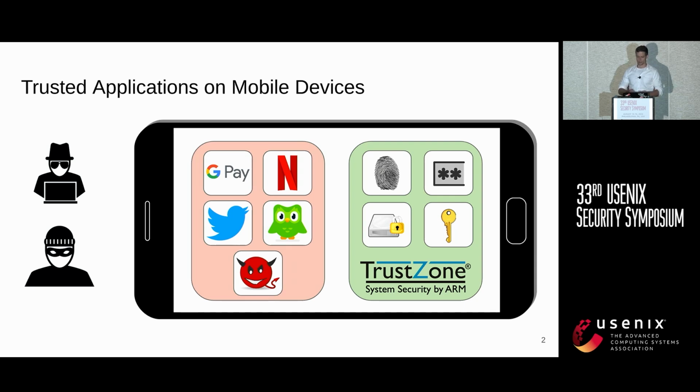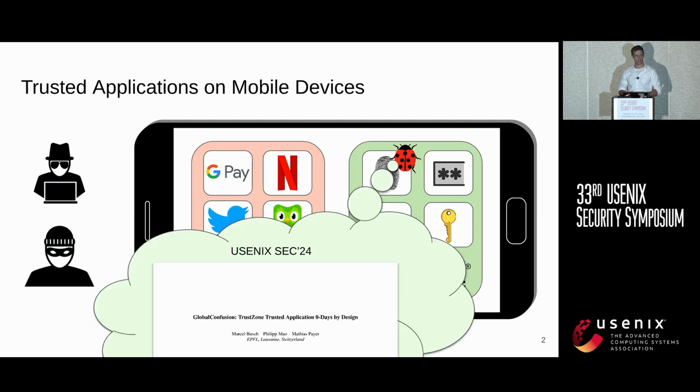In this talk, we want to see what happens if one of these trusted modules, also called trusted applications, has a security critical vulnerability. If you want to convince yourself that these critical vulnerabilities actually exist, I invite you to check out our other talk, Global Confusion, where we found an industry-wide pattern of critical vulnerabilities in these trusted applications in the wild.